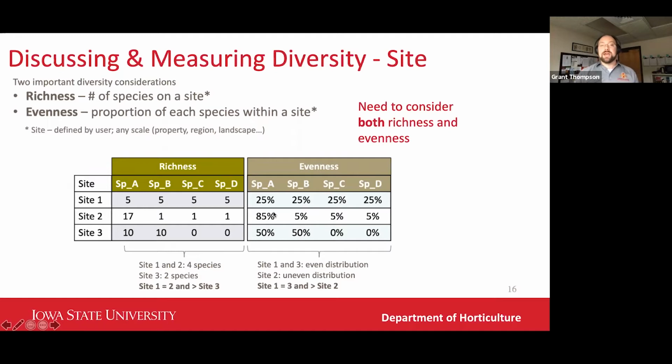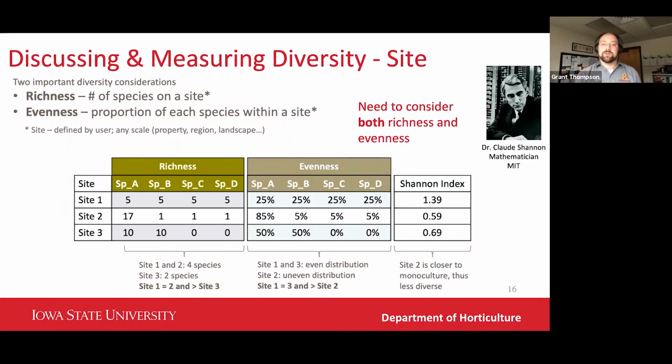So really what this comes down to is we need to consider both richness and evenness when we are describing and measuring diversity. And Claude Shannon developed the Shannon Index for this. It's a mathematical relationship that combines richness and evenness such that the higher number is considered more diverse.